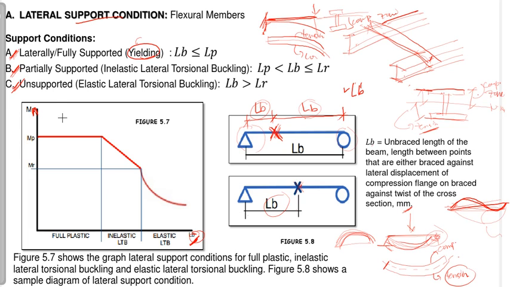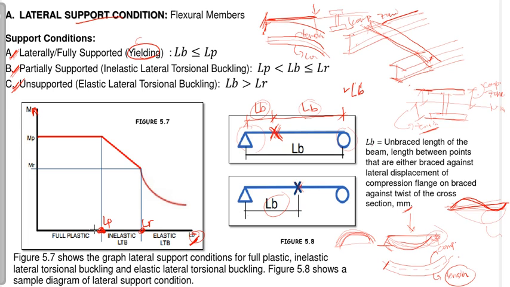So, pag maalala nyo, due to the compactness of the section, meron din tayong limits doon. Okay? So, meron tayong limits dito which is the Lp and which is the Lr. So, andito yung Lr natin, andito yung Lp natin.